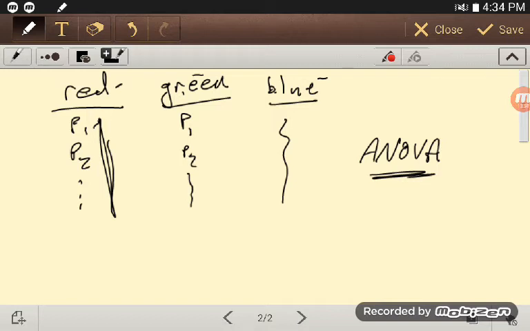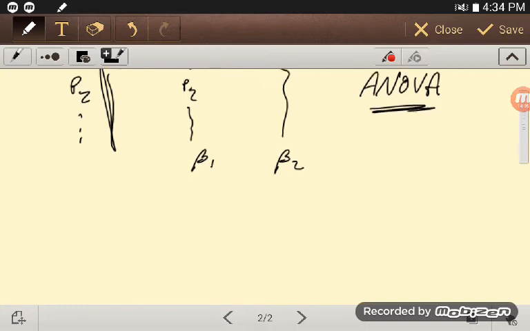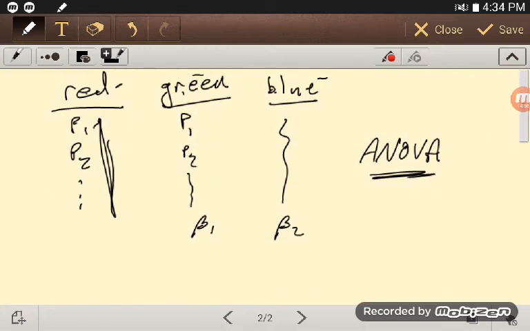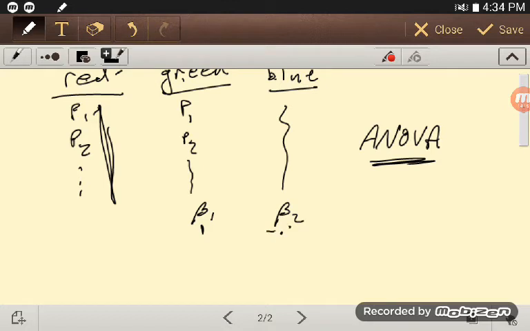So again, we had a beta 1 that went with the green, we had a beta 2 that went with the blue. And this one was a 1 the way I had it set up, and this one was a minus 0.5. And suppose what we found was that the p-value here in the green was something like 0.002.